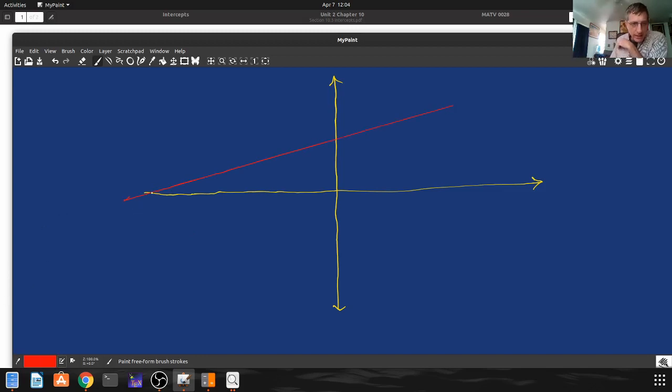So we can see that I have an x-intercept right here and a y-intercept right here. And this is my x-intercept right there. These are points, remember? They are points. Now, I don't know what the values are, but this is going to be some value of b and 0. And over here, this is going to be some point that starts with a 0 in the x and some value of c.